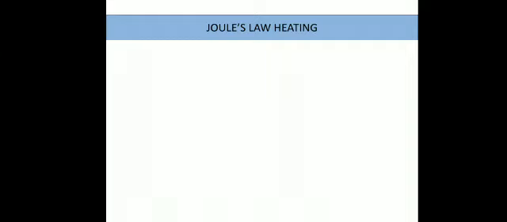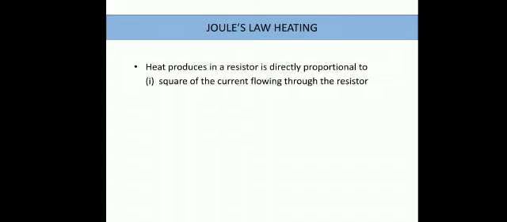According to Joule's law of heating, this law helps us find out the amount of heat generated depending upon the resistance of the conductor, the time, and the current flowing through the wire. We have seen that heat produced in a resistor is directly proportional to, number one, the square of the current flowing through the wire.